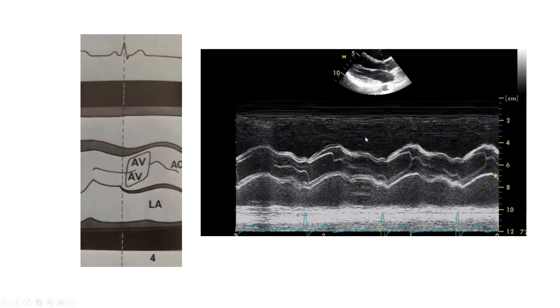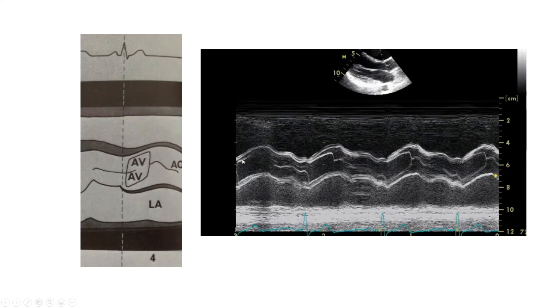Here's an M-mode echocardiogram through the aortic valve, and the aortic valve motion is in between the anterior wall of the aorta and the posterior wall of the aorta. And the motion of the aortic valve is a nice parallelogram, as you see here.